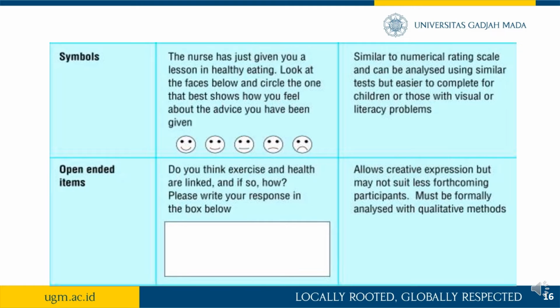And the most typical one is open-ended items. We ask the respondent to write the response in the box below. For example, the question is, do you think exercise and health are linked? And if so, how? We ask the respondent to explain their feelings in an open statement.